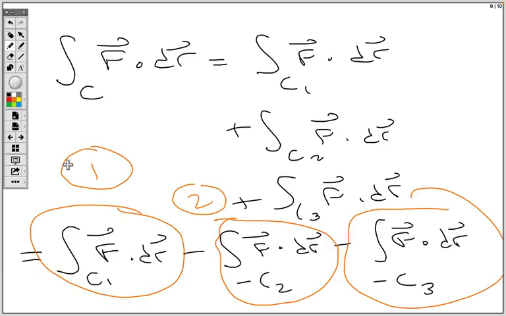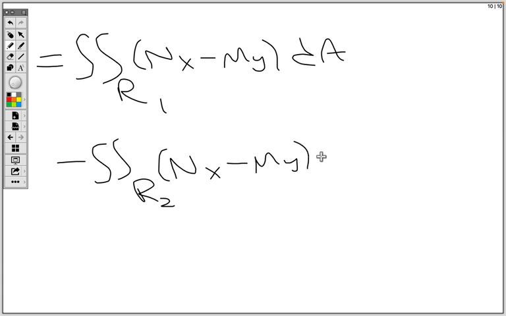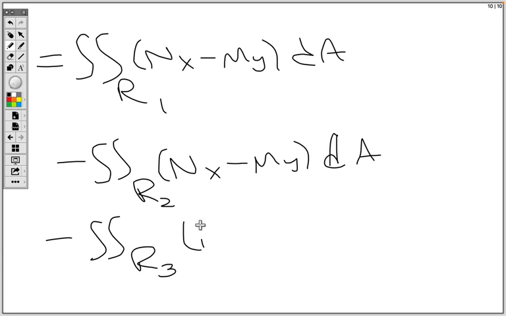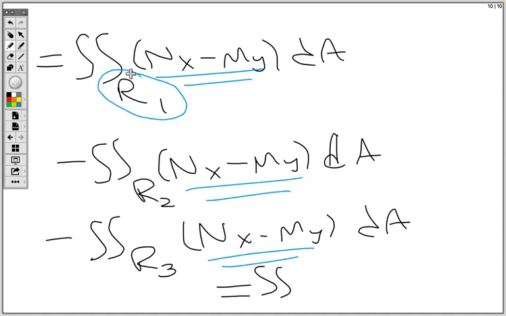That would be an integral over what we're calling R1, minus a double integral over R2 of Nx minus My dA, minus the double integral over R3 of Nx minus My dA. And now we can use properties of the double integral because I'm integrating the same thing. I'm looking at the double integral over R1, subtracting off the double integral over R2, as well as the integral over R3.